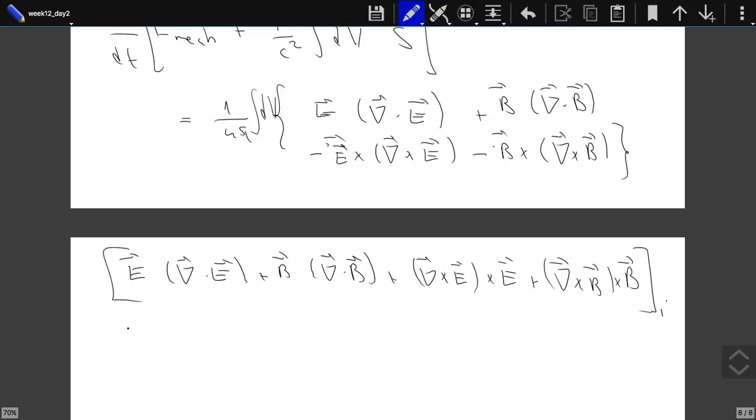So let's see, the i component is, okay, E_i ∂_j E_j. Now let me just take only the electric field piece, rather than writing it all along. Instead of taking all this term, let me look at this one.